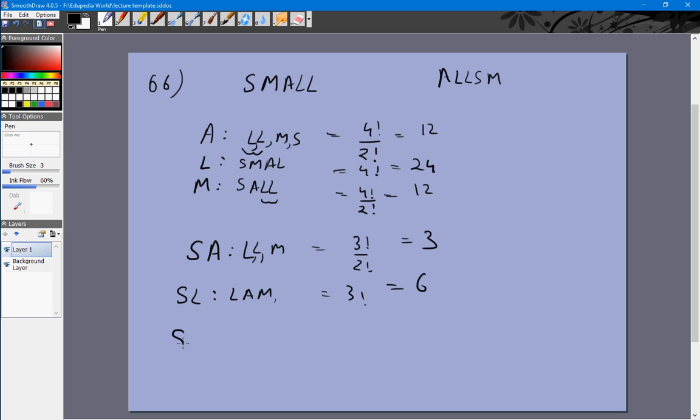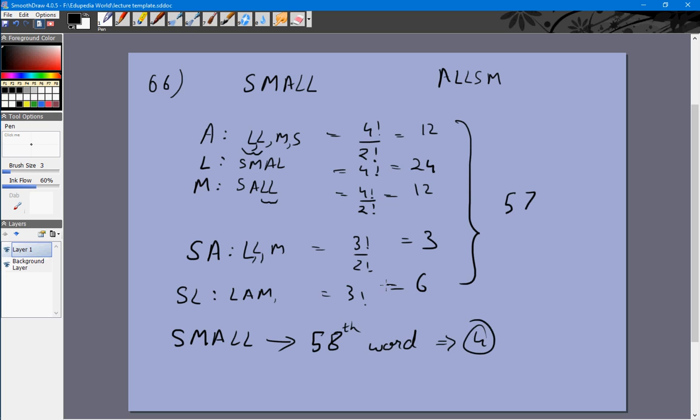And after that you'll have words beginning with SM, and the first word beginning with SM will be SMALL, and this is the word we need. So these are a total of 24 plus 24, 48. 48 and 9 is 57 words, which means small is the 58th word, which means the answer is option 4.